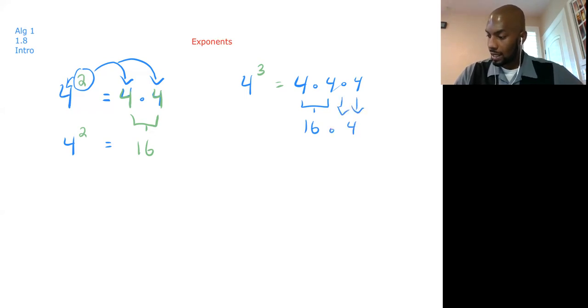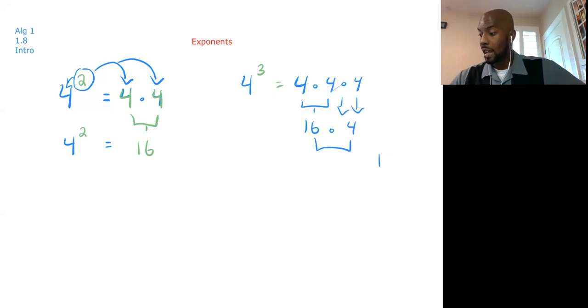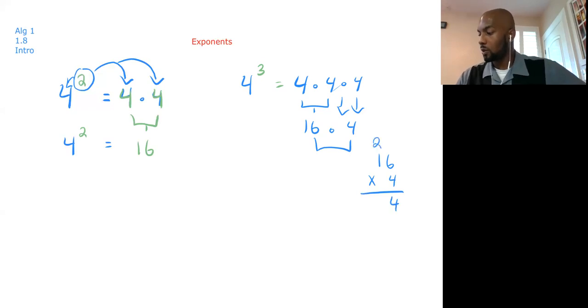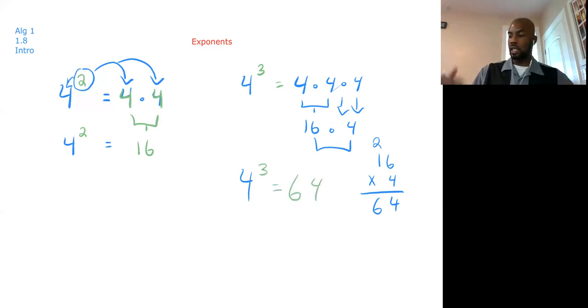Times 4. 16 times 4, I don't know off the top of my head, which is embarrassing as a math teacher. Actually, I do know it. It's 64. 4 times 6 is 24. Yep. 4 times 1 is 4. 4 plus 2 is 6. That's right, 64. So 4 cubed is 64. And then you can just continue going up all the way until infinity.